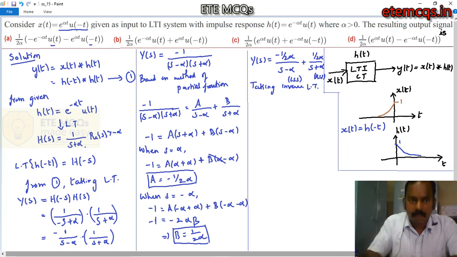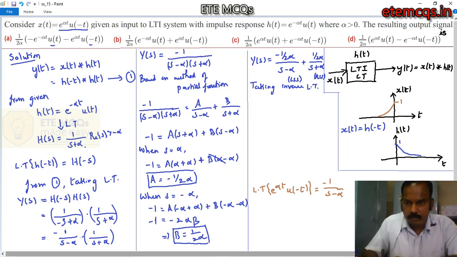Even in the final terms, when you take the inverse Laplace transformation, you will have the time domain signals intact, e power alpha t u of minus t as well as e power minus alpha t into u of t. Only the coefficients vary. So the inverse of this term should correspond to e power alpha t u of minus t. You can just trace it from this term.